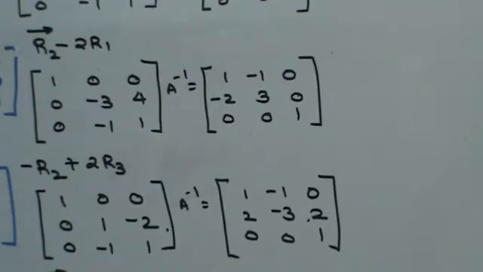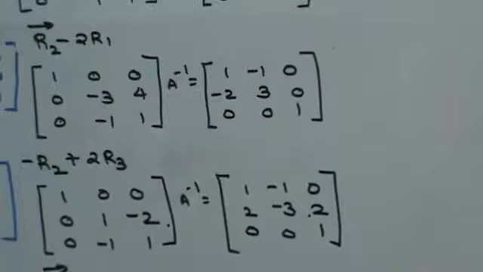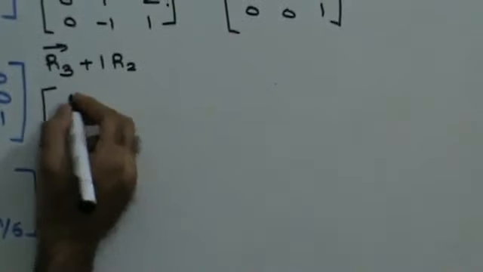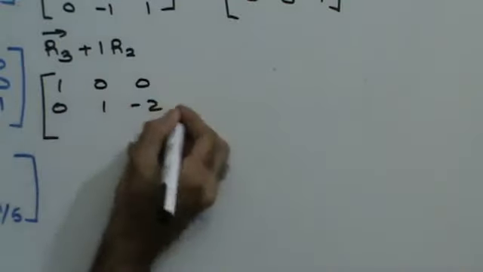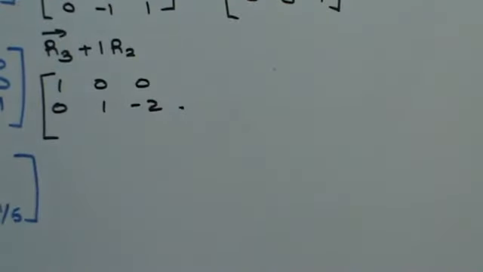Right? Now, let's move on ahead. R3 plus R2. So this is 1, 0, 0. 0, 1, minus 2. 0 plus 0, 0. Minus 1 plus 1, 0. 1 minus 2, minus 1.